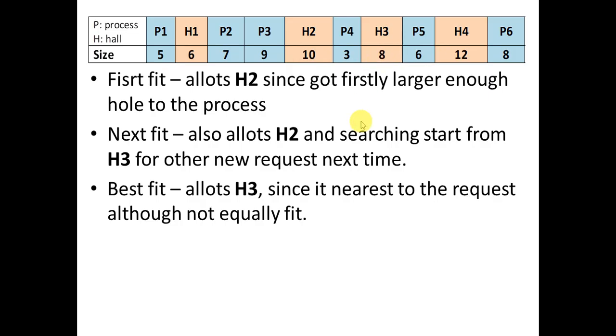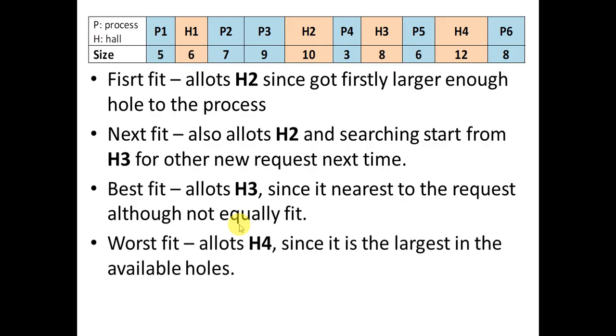So the best fit allots hole 3, 7 is used by that process, and 1 block remains free. It is the nearest to the requested size, though not an equal fit. Even though it is not equal, it is assigned, and one block remains free.